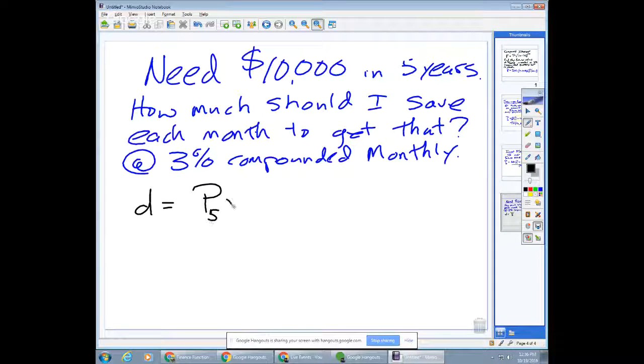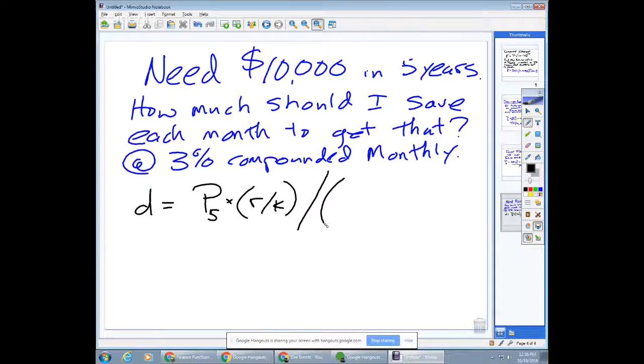P sub 5 needs to be multiplied by the periodic rate, which is R over K, and then divided by that big parentheses. Inside the big parentheses is another set of parentheses that takes 1 plus R over K to the power nk minus 1. So that's the formula I need. I just need to plug in the right numbers.